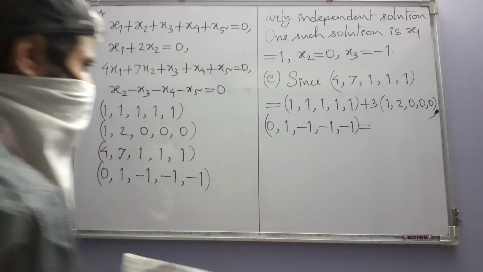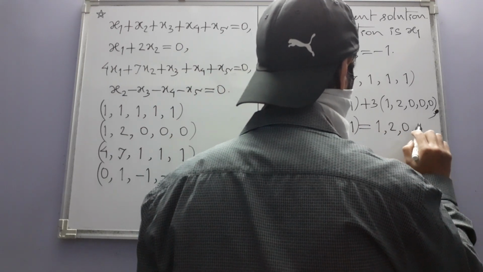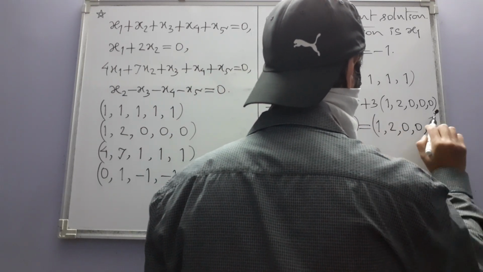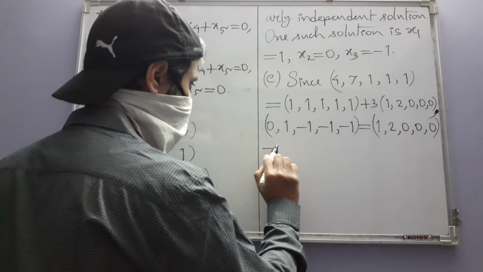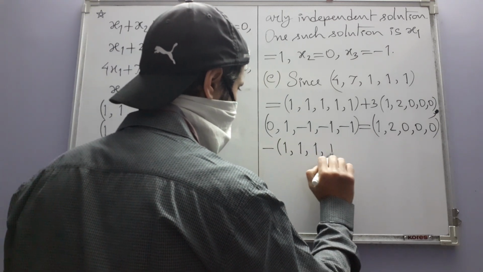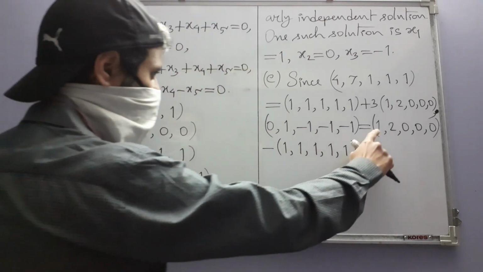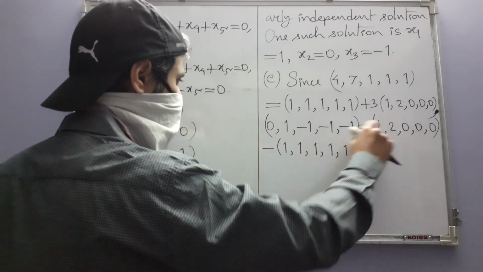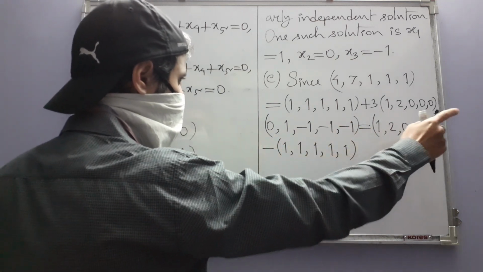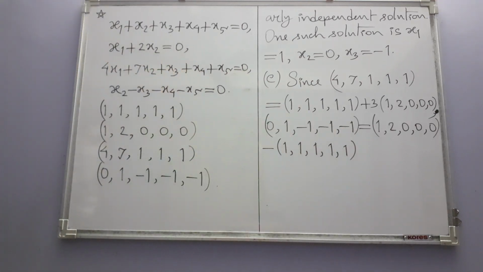Second minus first. One minus 1, 0, 2 minus 1, 1, and the others are 0, minus 1, all of them are minus 1. Okay.